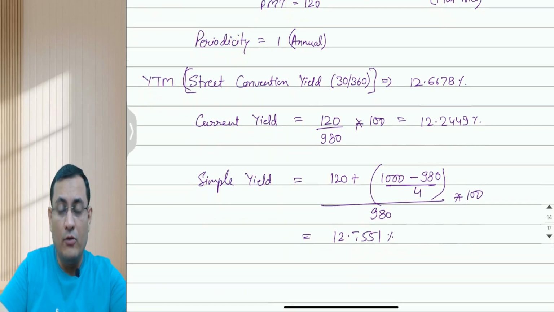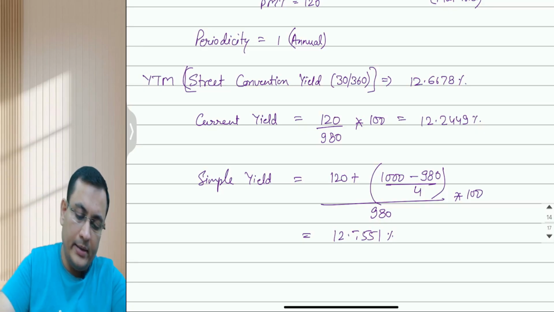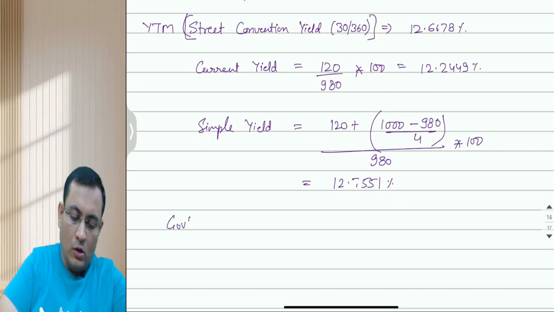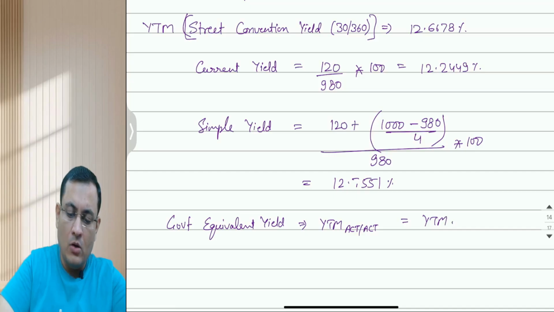Next, if you want to calculate government equivalent yield, we can use a simple approach: YTM based on actual by actual is YTM on 30 by 360 concept into 365 over 360.